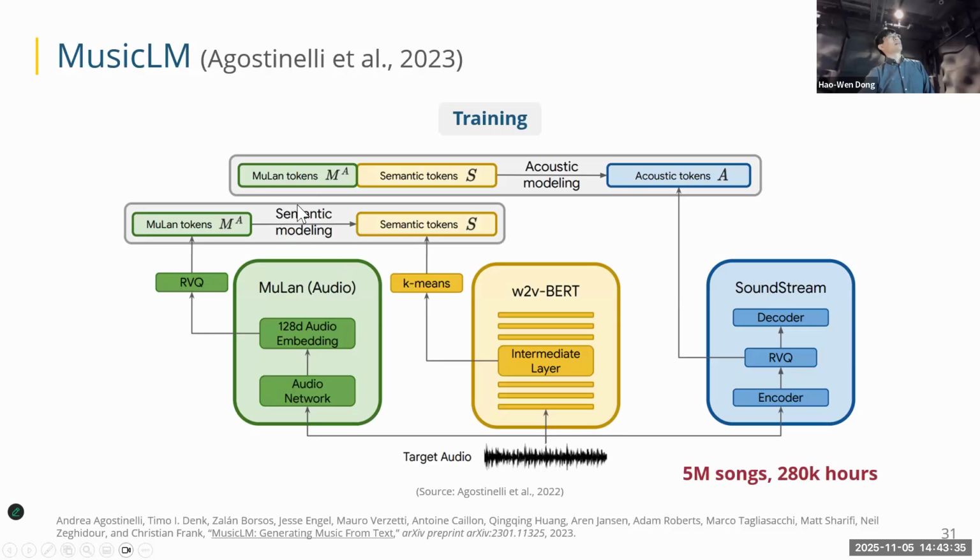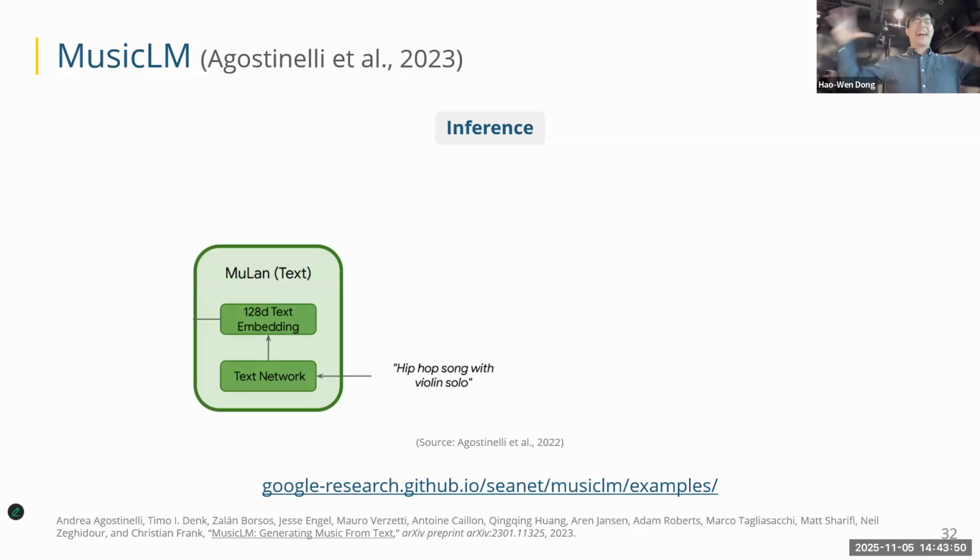The semantic modeling is also a transformer model, the acoustic modeling is yet another transformer model, and then you need these 3 models. So it's essentially 5 big models at the same time. This is like an AI infrastructure where you have multiple models doing their job and you engineer them to work together toward your goal.